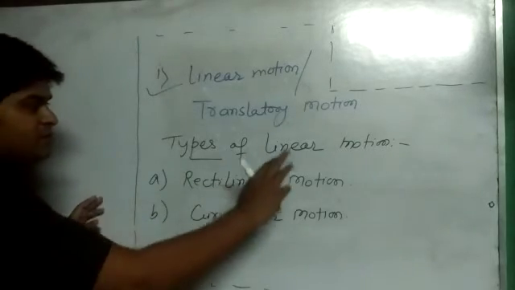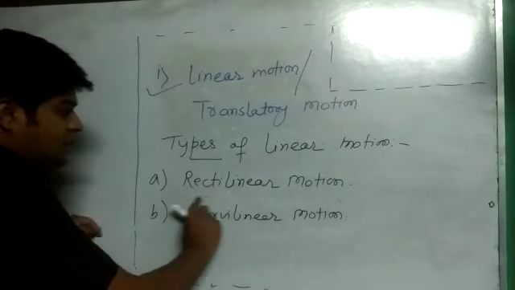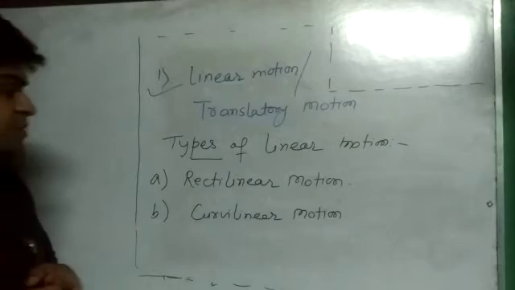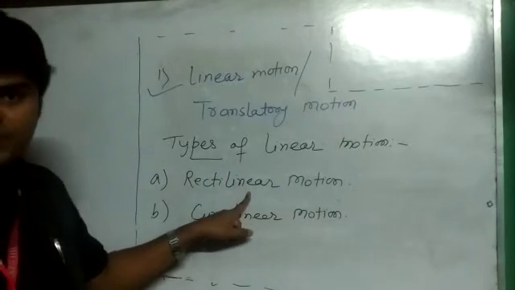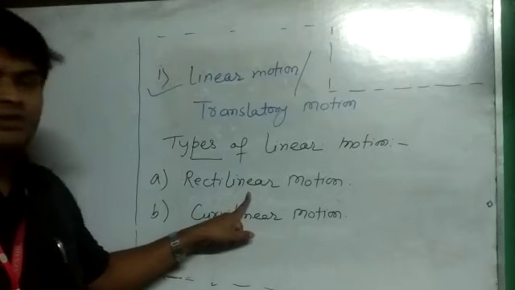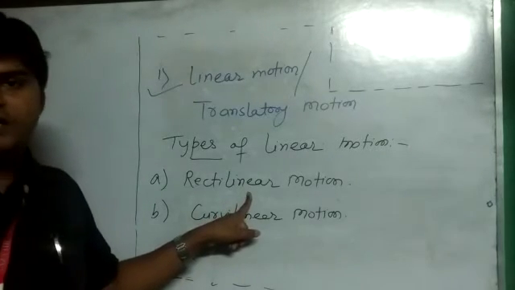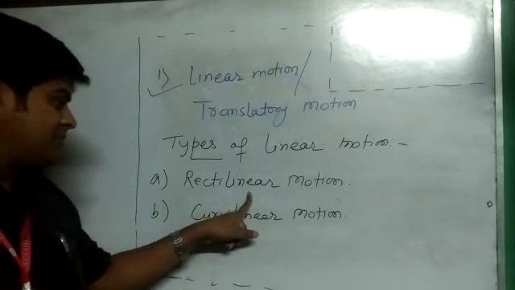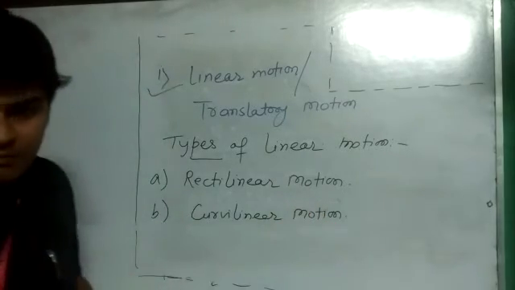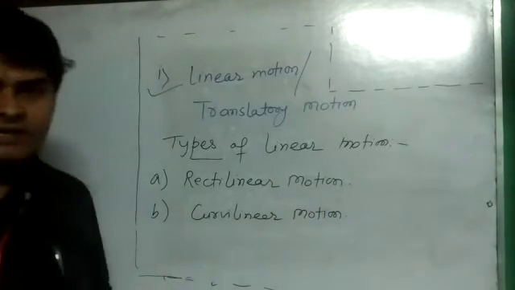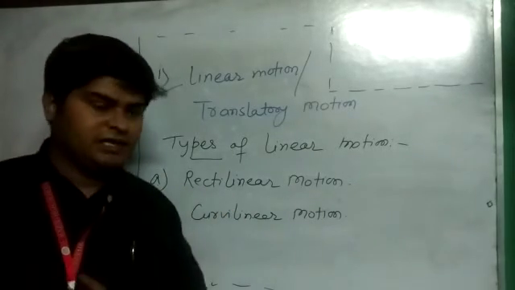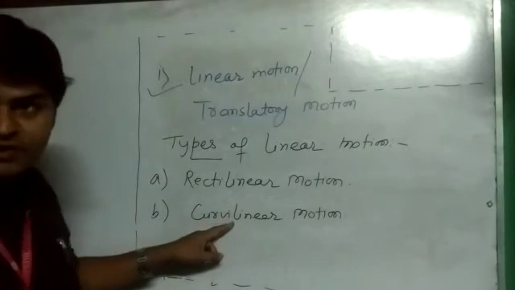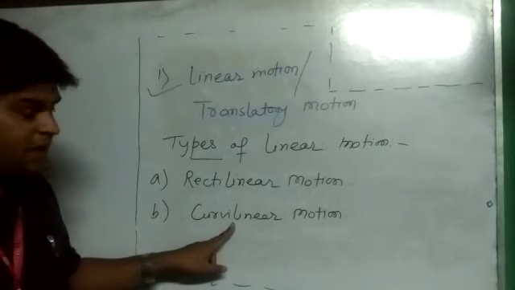Once again, types of linear motion. There are two types: rectilinear motion and curvilinear motion. Rectilinear motion means the motion in which an object moves in a straight line, only straight line. For example, when a stone is thrown in the downward direction from your roof, or when a ball is sliding on the surface. The second type is curvilinear motion, the motion in which an object moves in a curved path.